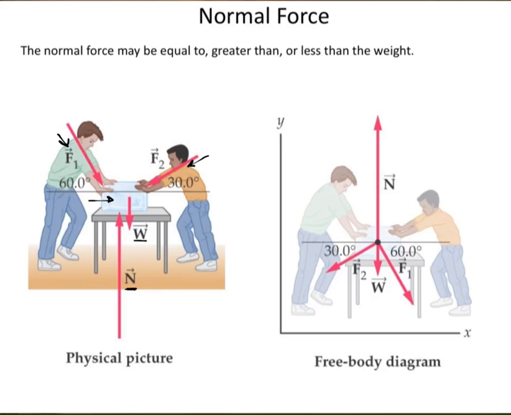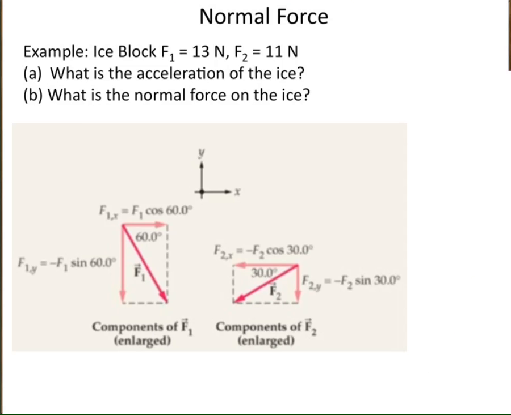Because we can calculate this, I think here. The force applied by the first boy, F1, has a component downward in the y direction, minus F1 sine 60 degrees, if you take the y direction as the upward direction. Similarly, the second boy applies a force which has a negative component in the y direction, minus F2 sine 30 degrees.